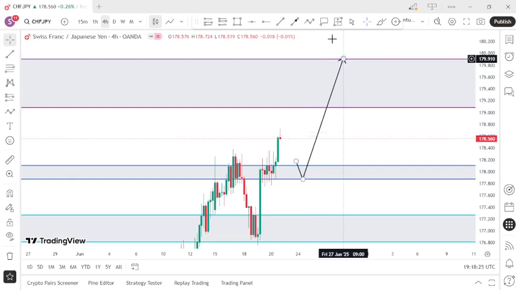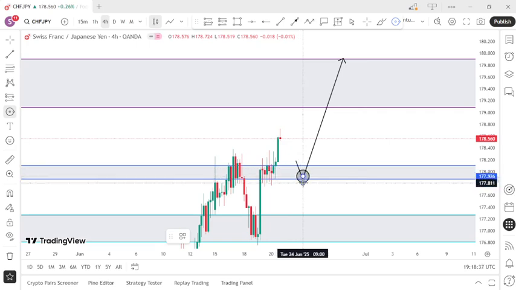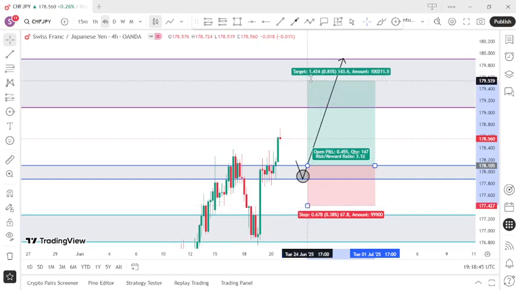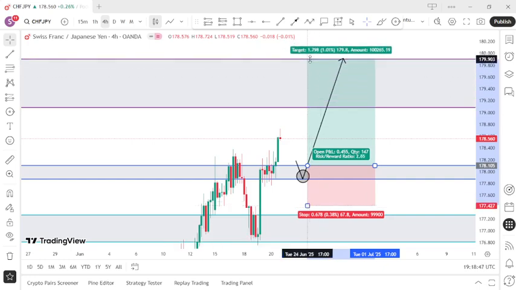We are going to wait for CHFJPY to come back for a retest all the way to this zone, give us an entry confirmation before we pick the buy all the way to the upside on CHFJPY.